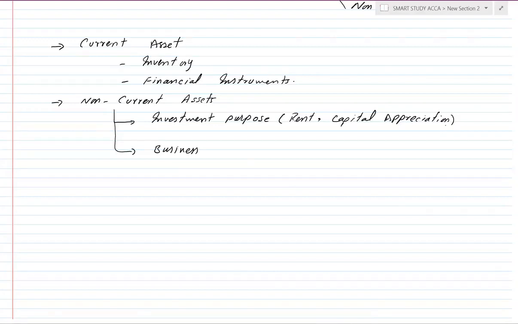On the other hand, if we have purchased a non-current asset for business use purpose, there are further classifications of these assets. For example, maybe these business use assets are tangible assets, or maybe they are intangible assets.